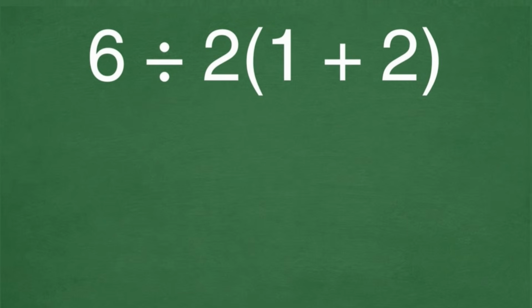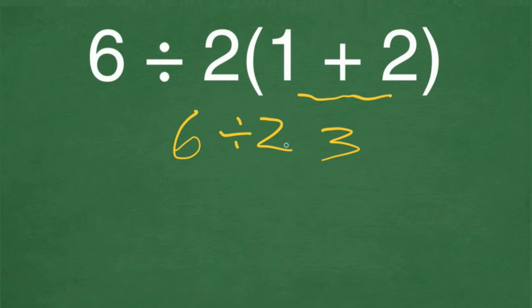So most people see this problem, and they solve it like this. They know the parentheses is the first thing to do. Most people recognize this, and they add 1 and 2, and they get 3. So the problem becomes 6 divided by 2 times 3. So what they do is they think multiplication is greater than division.